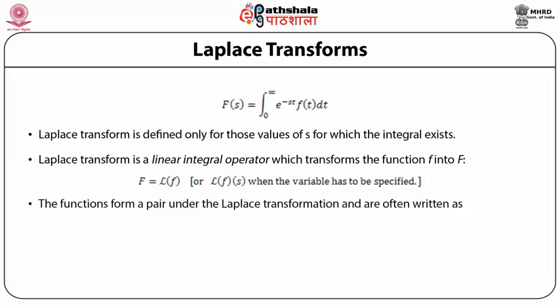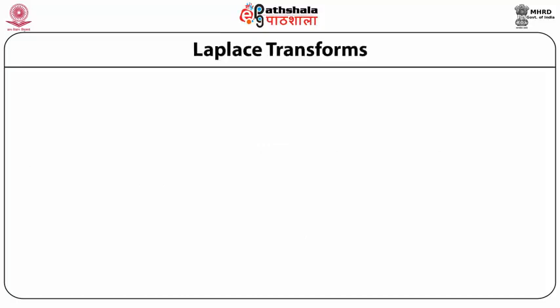The functions small f and capital F form a pair under the Laplace transformation and are often written as: the Laplace transform of small f gives the function capital F, and the inverse Laplace transformation of function capital F gives the function small f. Next, we take up some simple examples.